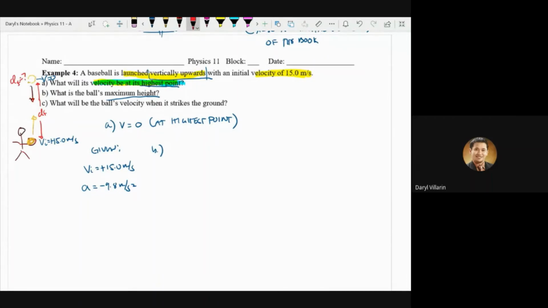At maximum height, again, the velocity at maximum height is 0. So you're solving for df, or at least the final height. And based on the things that you know here, I don't know the time.